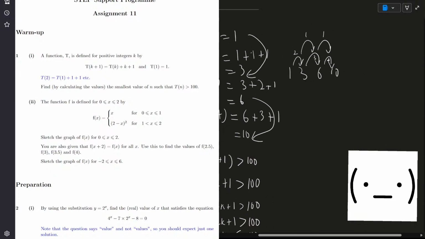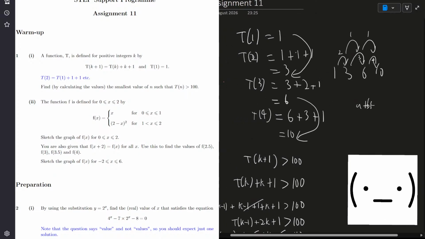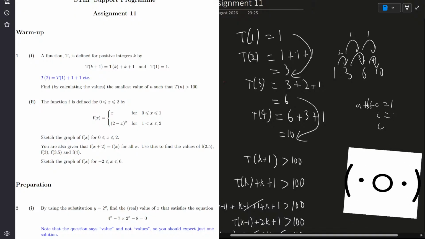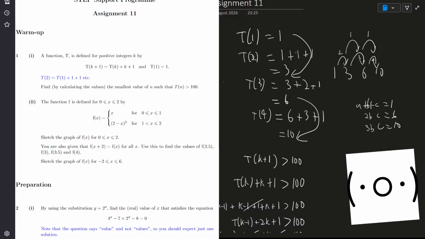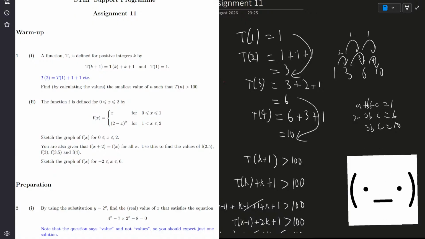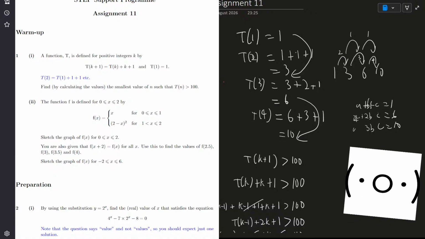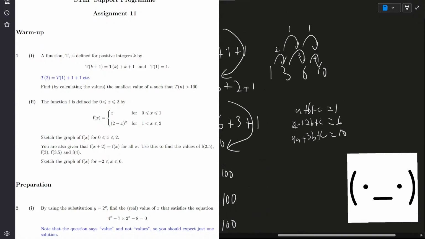So, given that information, we can say that ABC equals 1, C stays constant, B, however, increases by 1, A increases by 4, then to 9. So yeah, now we can model it like this.